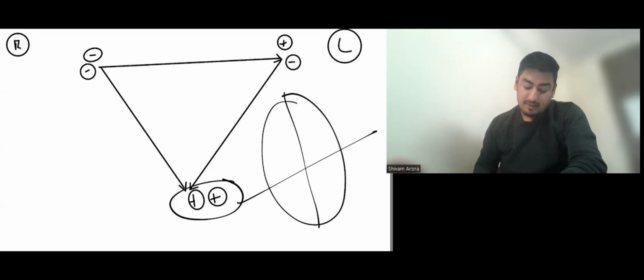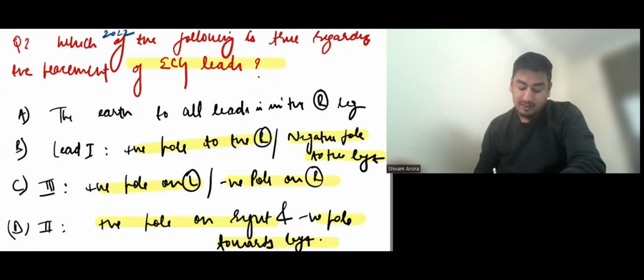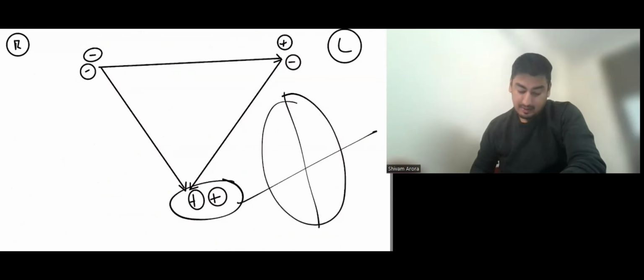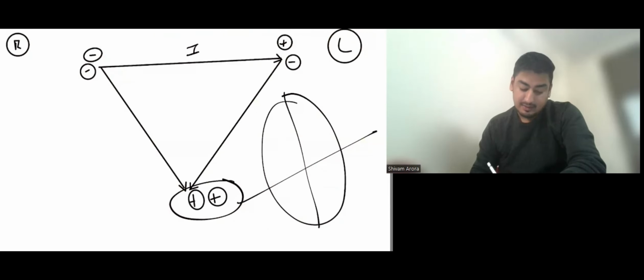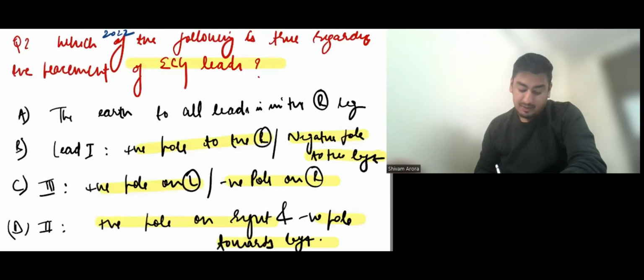So the option is lead one, positive pole to the right, negative pole to the left. This is wrong, because in lead one we have a negative pole to the right and a positive pole to the left. Then the third option, positive pole on left, negative pole on right of lead 3.